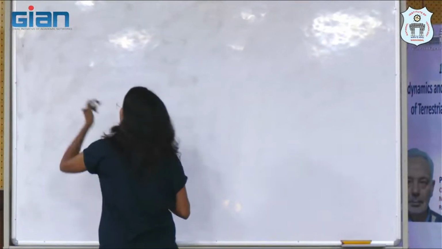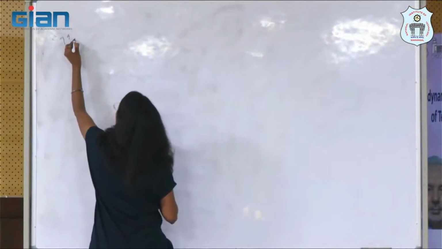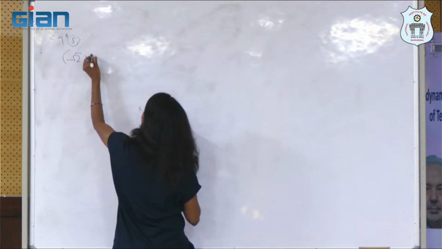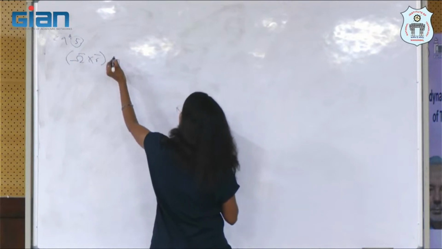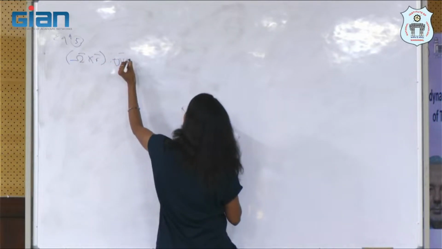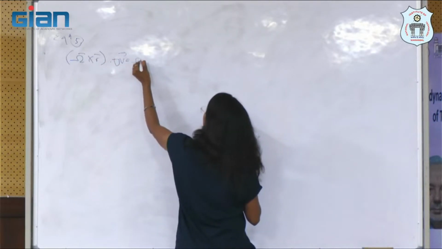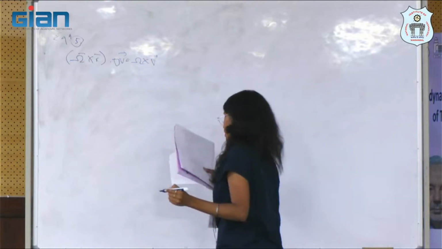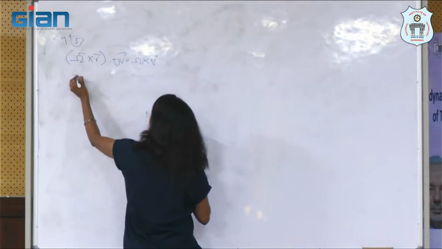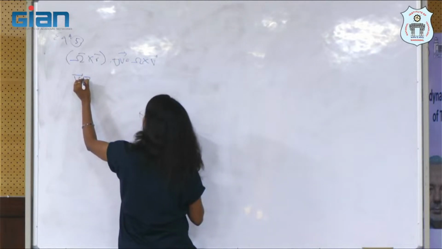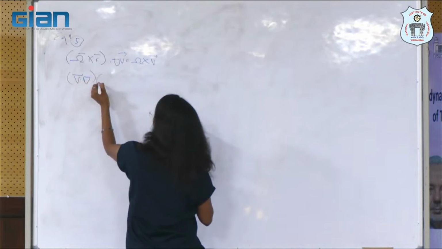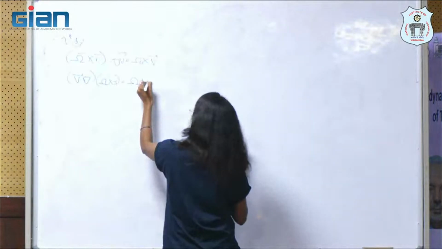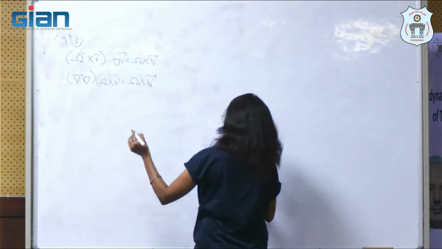Now these equations I am substituting in. From equation 5, omega cross R, delta V bar, by solving we can write as omega V bar and V bar dot delta omega cross R equal to omega cross V bar.